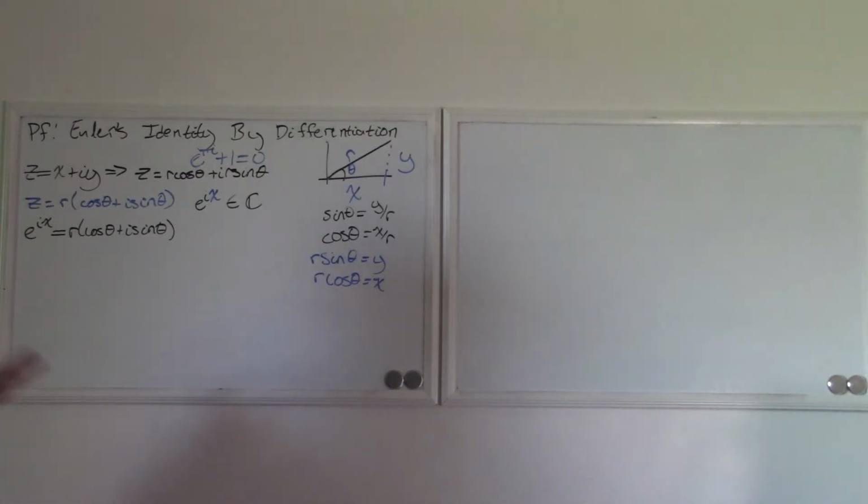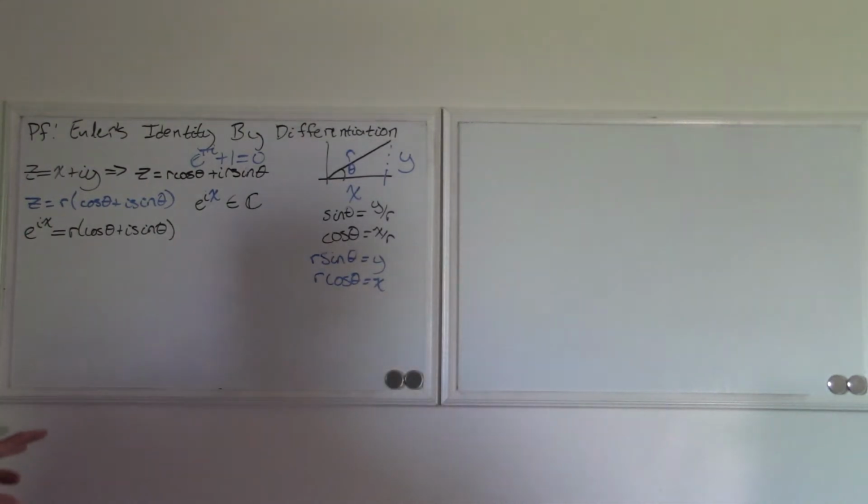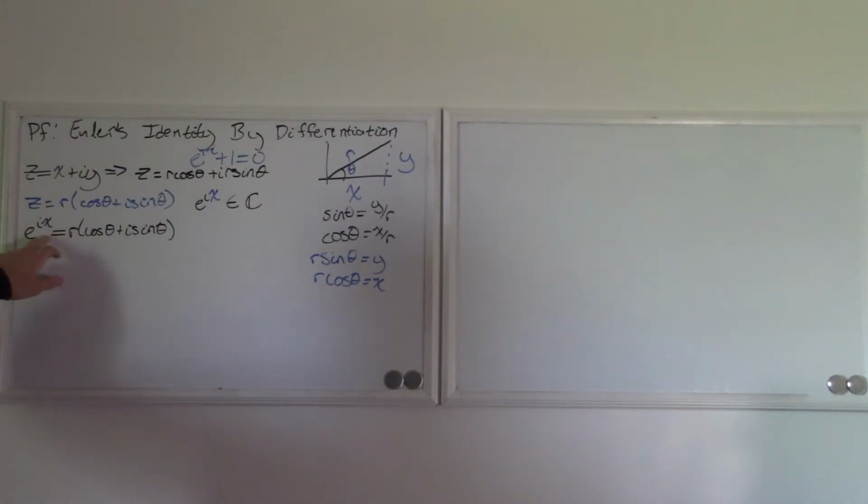Now, that doesn't mean that we can write any complex number as e to the power of i times x. We don't actually know that. All we do know is that e to the ix is a complex number, so it can be written like this.